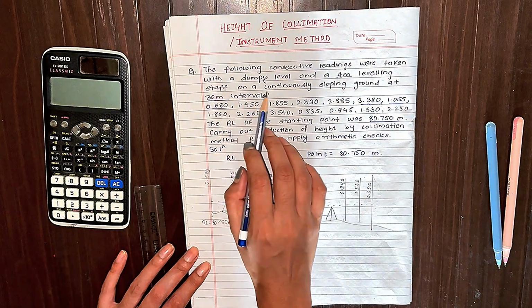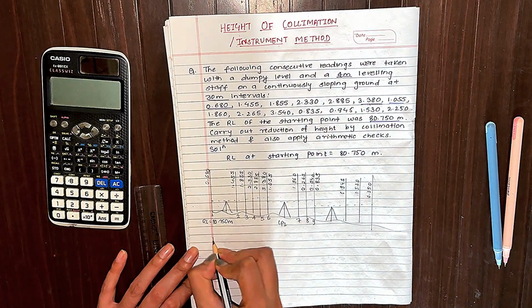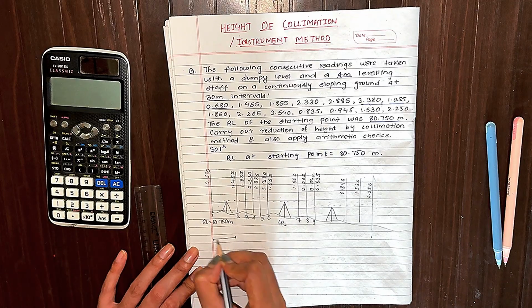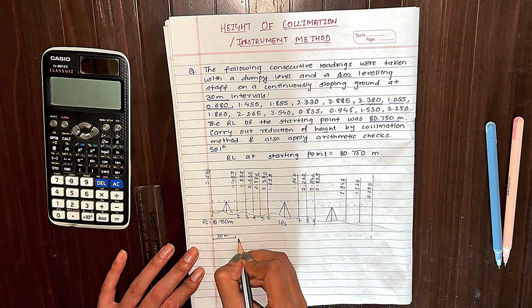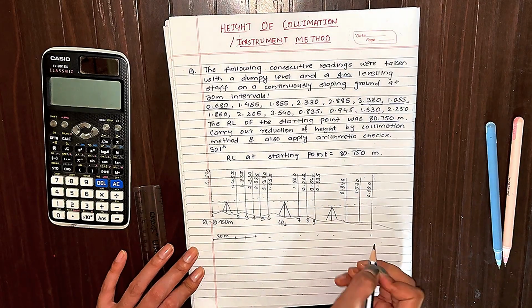And here the staff is on a continuously sloping ground at a 30-meter interval. So every station is at a 30-meter interval, so it goes up to here.